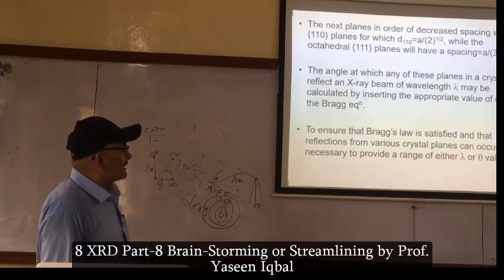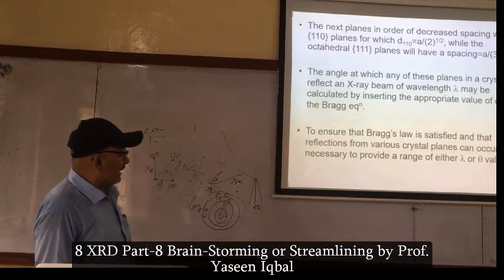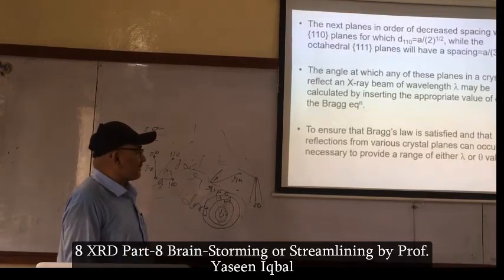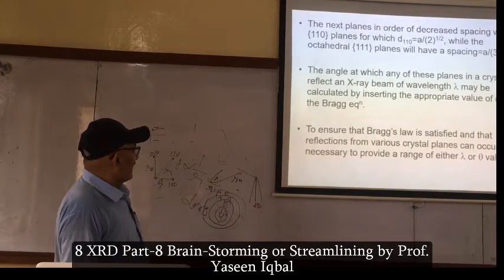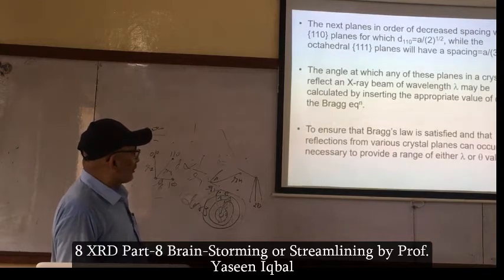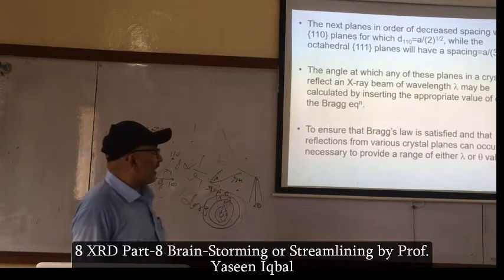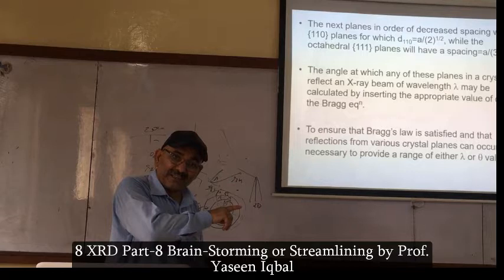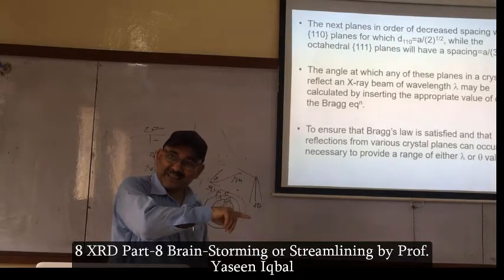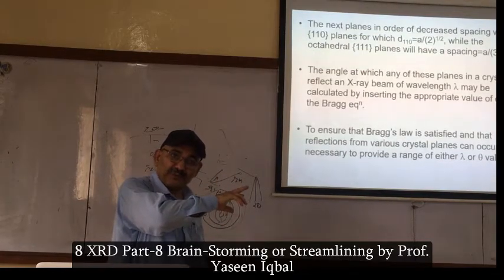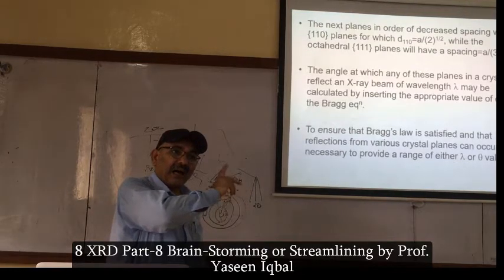So there are various experimental procedures which give you different sort of information, and you transform them accordingly to ensure that Bragg's law is satisfied and that reflection from various crystal planes can occur. It is necessary to provide a range of either lambda or theta. So both can be used. Right?